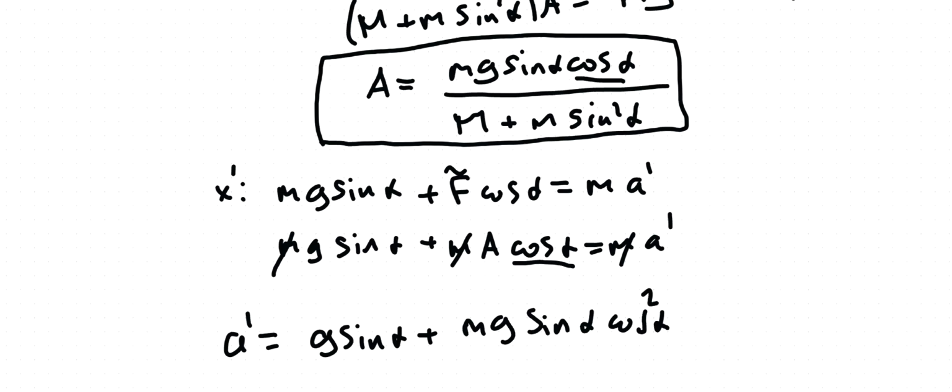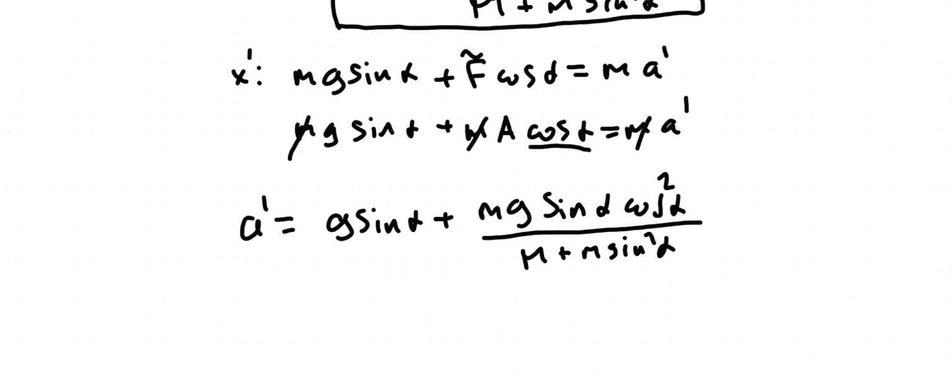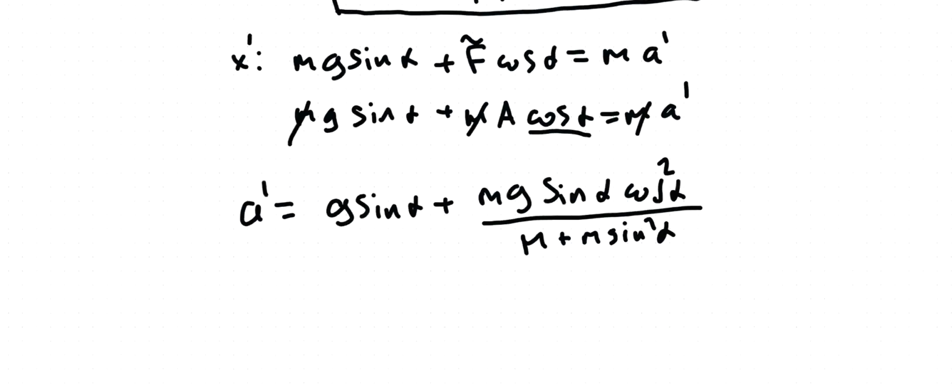And we divide it by capital M plus m sine squared alpha. Okay, and we don't want to leave it in this form. We're going to continue and say capital M plus m sine squared alpha, g sine alpha.